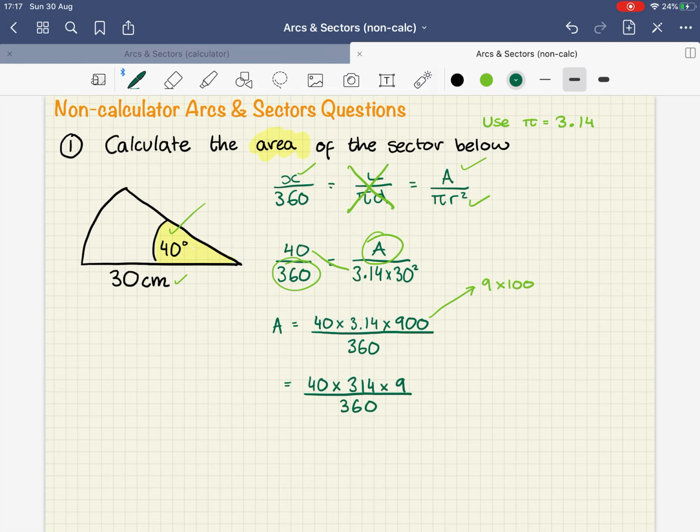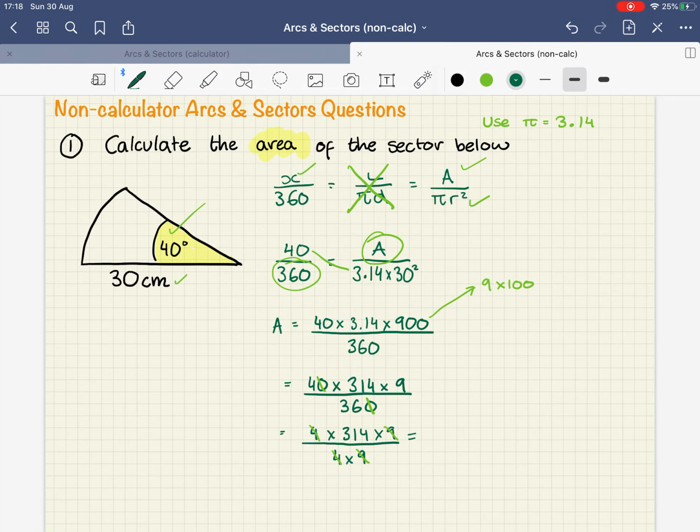So now I want to look to see where else I can simplify. So to begin with, I've got 40 over 360. Both of them end with 0, so essentially I can divide by 10, which is going to get rid of them. And this time, instead of writing 360 or the 36 on the bottom, I am in fact just going to write that out as 4 times 9, so as their factor pairs, and I can cancel out the matching pairs.